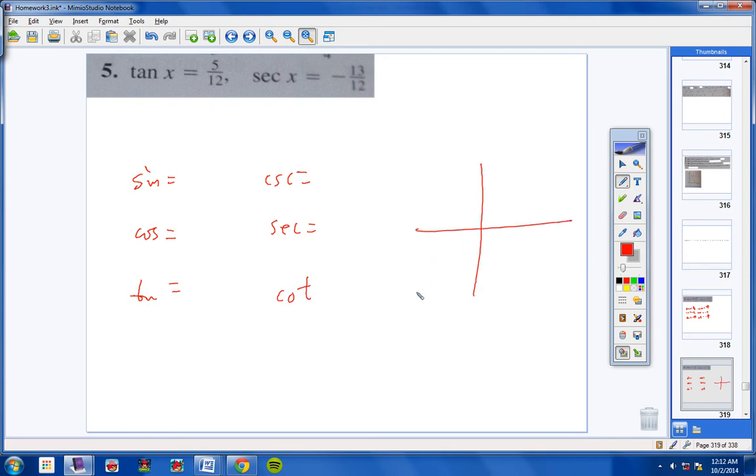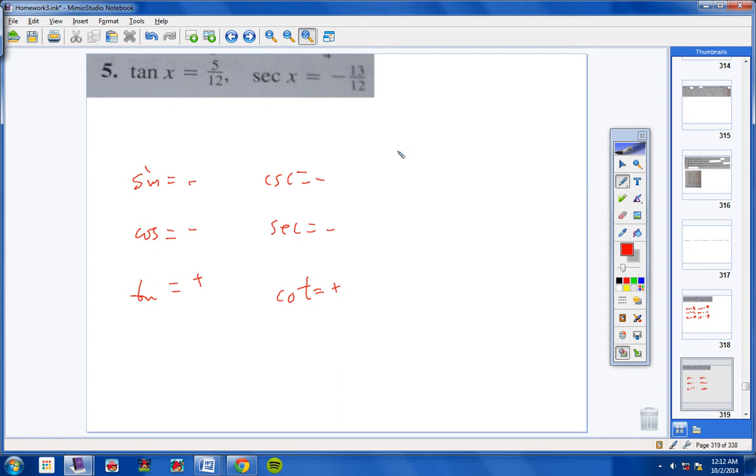Tangent is positive here and here. And then secant is negative, and that would be here. So we're looking at this quadrant here. And the sine sequence is negative, negative, positive. So we have negative, negative, positive, negative, negative, positive. So with that in mind, let's go ahead and use our trig functions now.